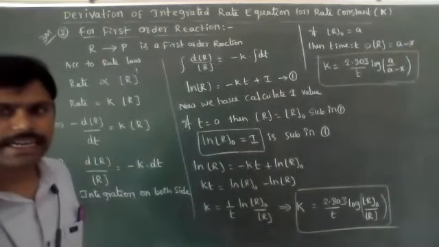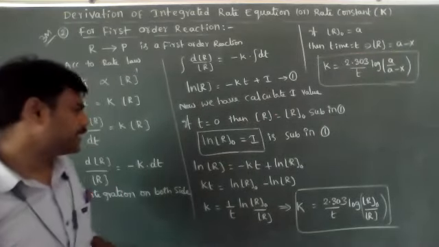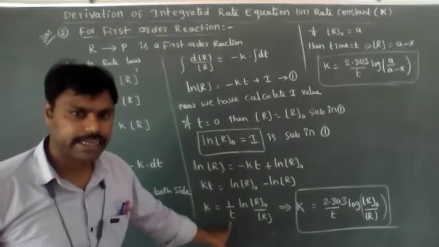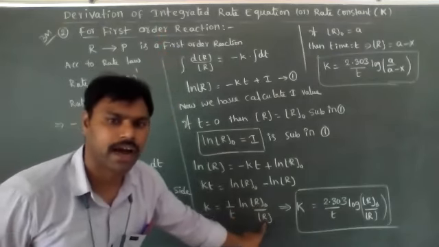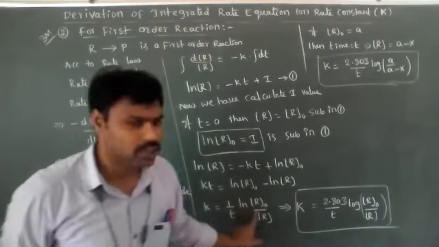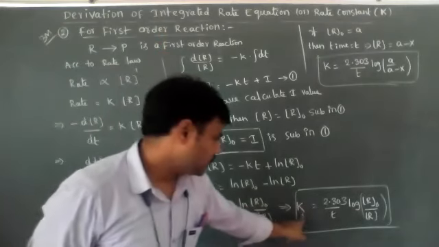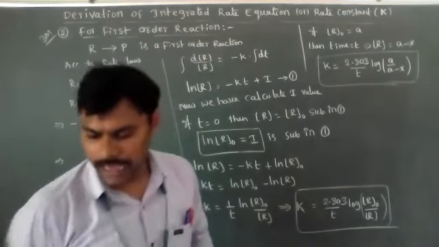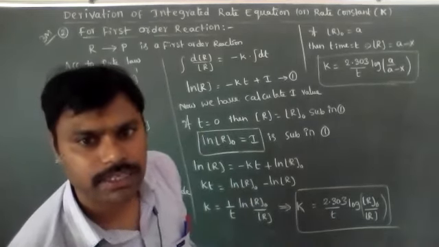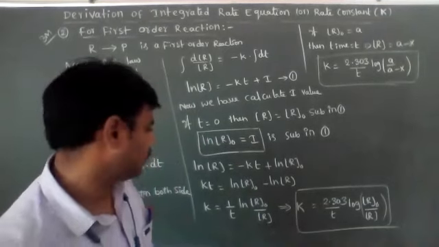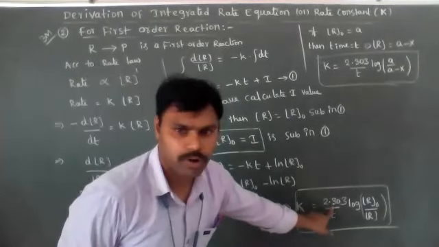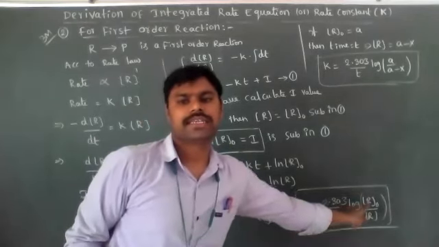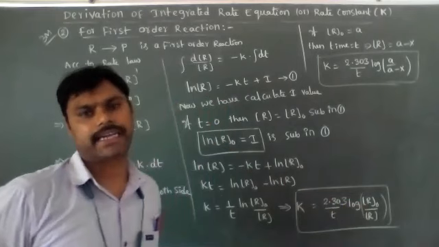So the integrated rate equation for a first order reaction is K equals 1 by t into ln R naught by R. To convert ln into log, we multiply by 2.303. Therefore, K equals 2.303 by t into log of initial concentration by final concentration of reactants.